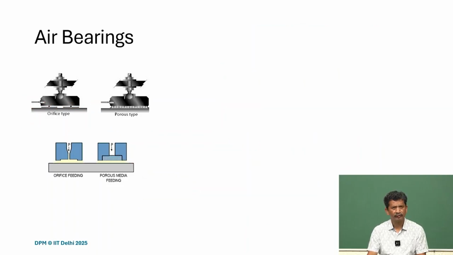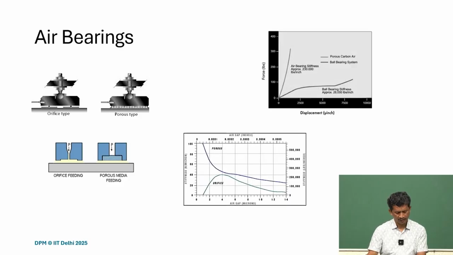So, if we look at it closely, two things we will be looking at. One is the load bearing capacity and the other is the stiffness. If we look at the load bearing capacity, this is for the air bearings and this is for ball bearings, and the stiffness you can see.